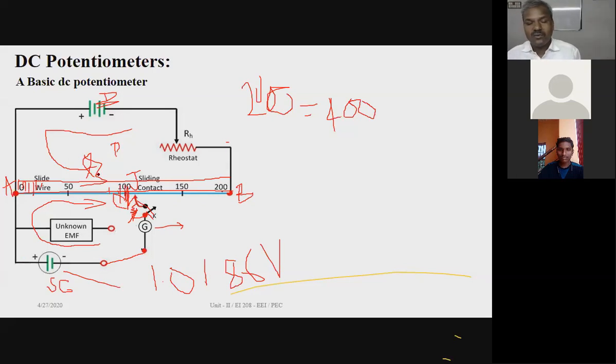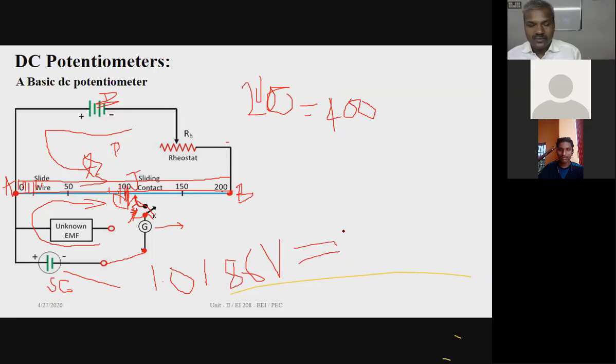So the drop across A to this L1 position is equal to the standard cell circuitry. At that condition, what is the voltage across A and L1? It is 1.0186.